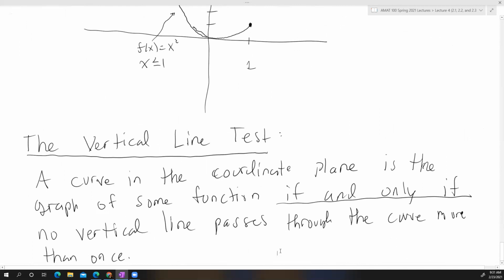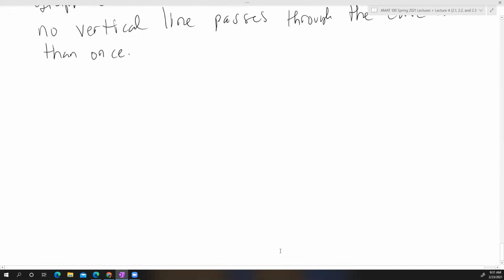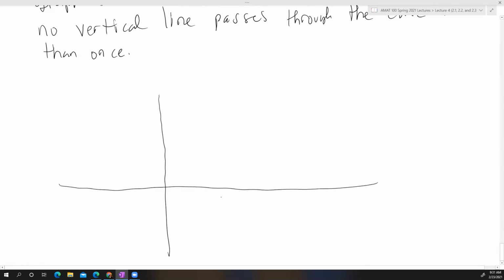So suppose we have the following curve. This is going to represent an arbitrary curve in the plane, and say it looks something like this. Now, if we draw a vertical line through here, it's going to cross through 2 points on the curve.